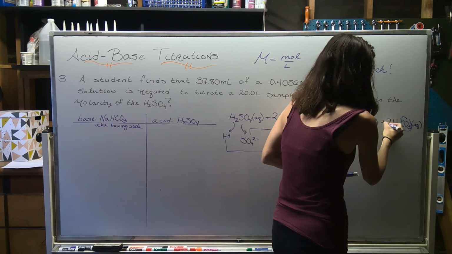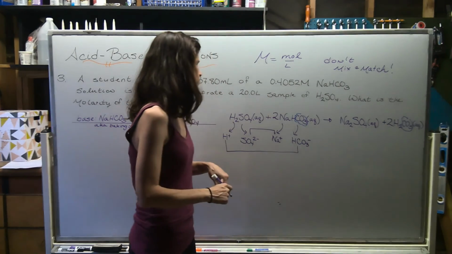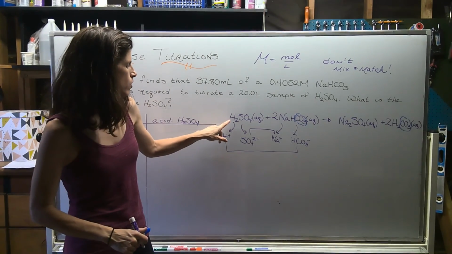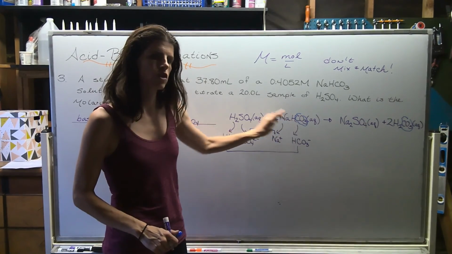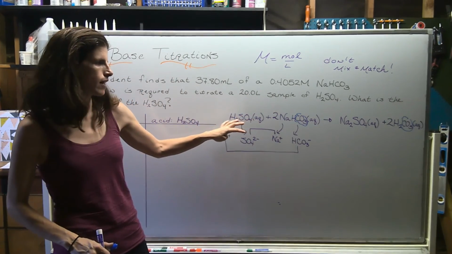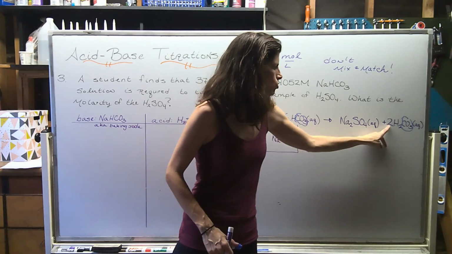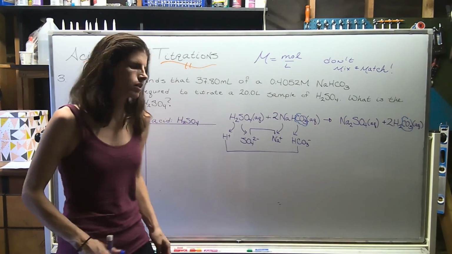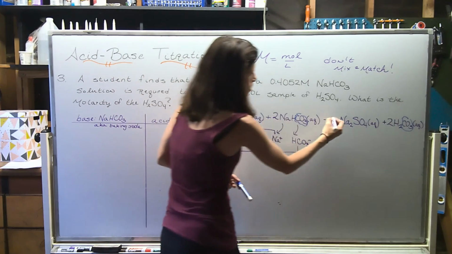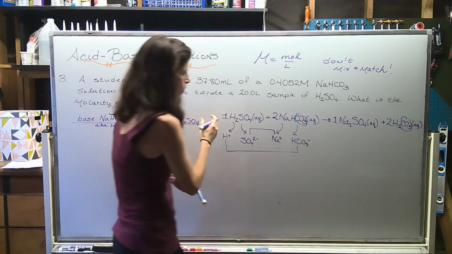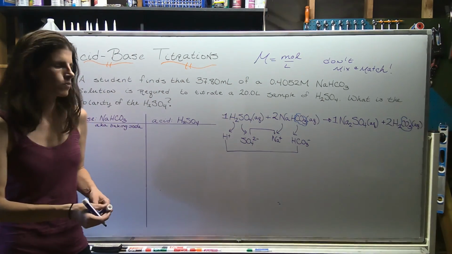So if I put a 2 out front, that helps that problem. Over here now I have 2 hydrogens and 2 more hydrogens for a total of 4 hydrogens on this side. And 2 times 2 is 4, so I have 4 hydrogens on that side. So it's balanced with a 1, 2, 1, 2.